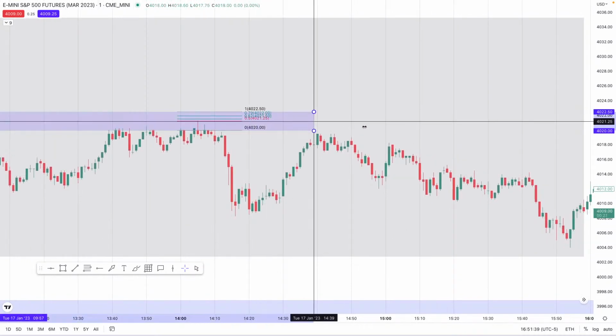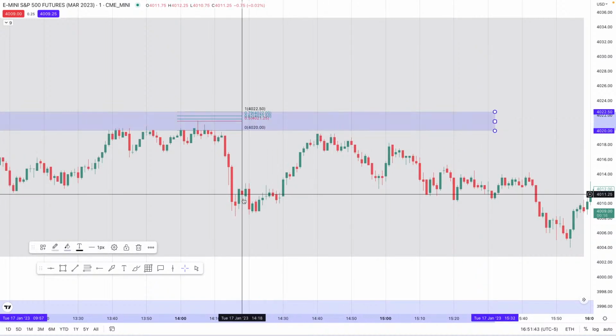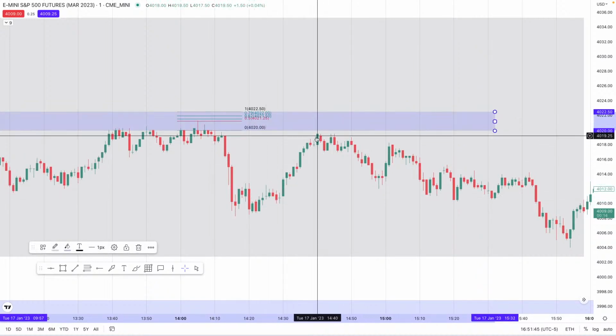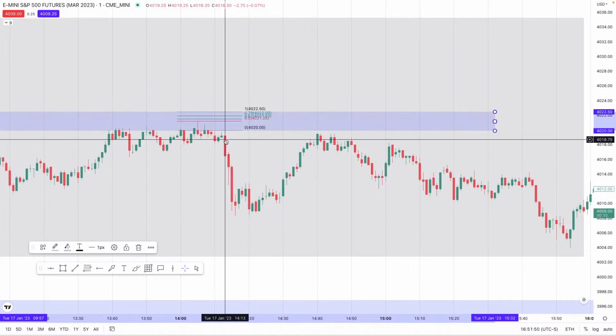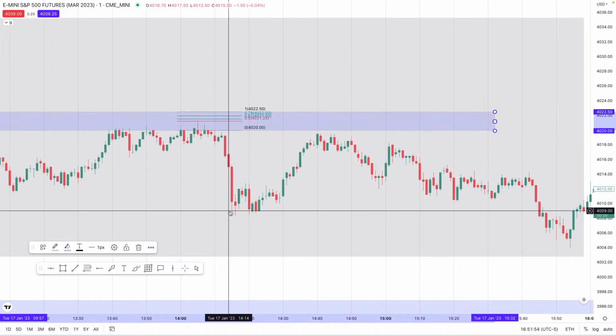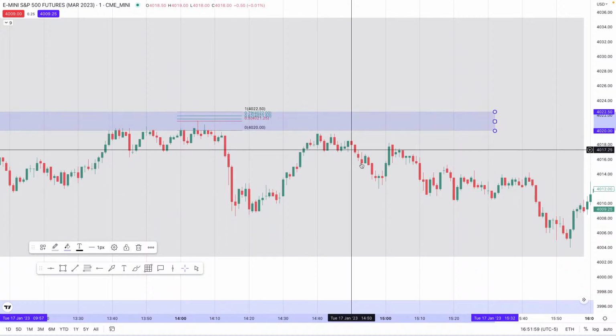So we'll extend this out over here. Price works its way back up. What does it do? We have a sell side imbalance, buy side inefficiency. Comes back up and it rebalances all this.